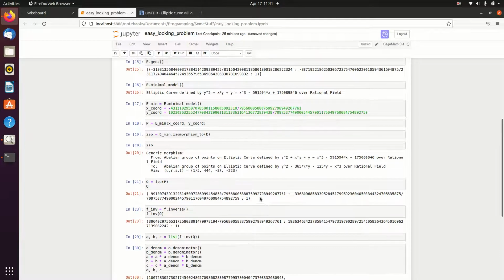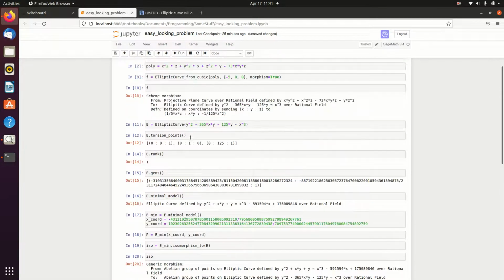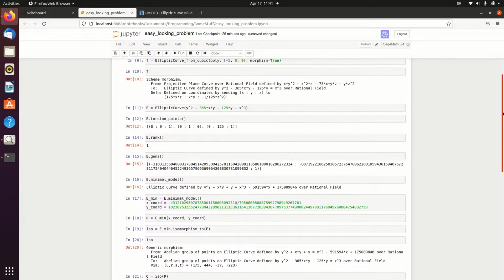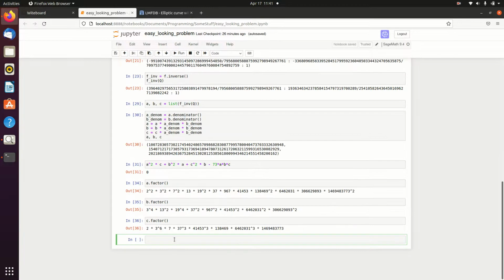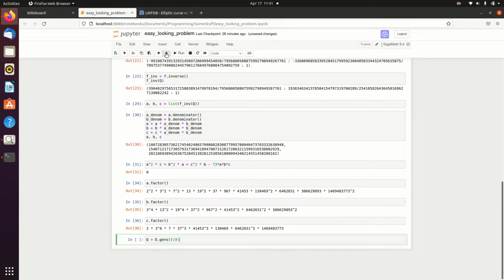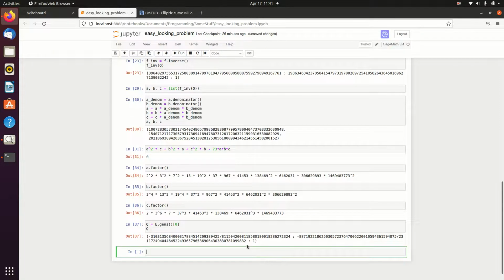So let's maybe see if we can complicate it a little more so that you see a little bit more of the techniques. So let's now say Q is equal to this point instead of the point we have from the L-functions and modular forms database. Now we have another point.